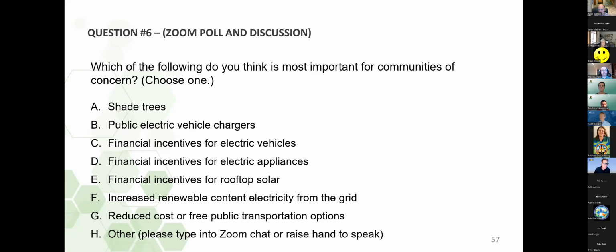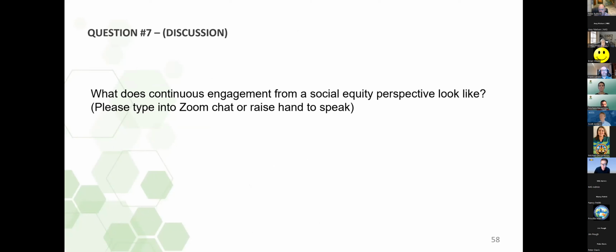So we'd love to hear more from you, and particularly those of you who weighed in on the chat. All the above. I love Craig Jones gaming the polling system there, saying all the above. I appreciate that and understand that. And in all seriousness, acknowledge it will take multiple options. But are there additional solutions that you see from an equity perspective?